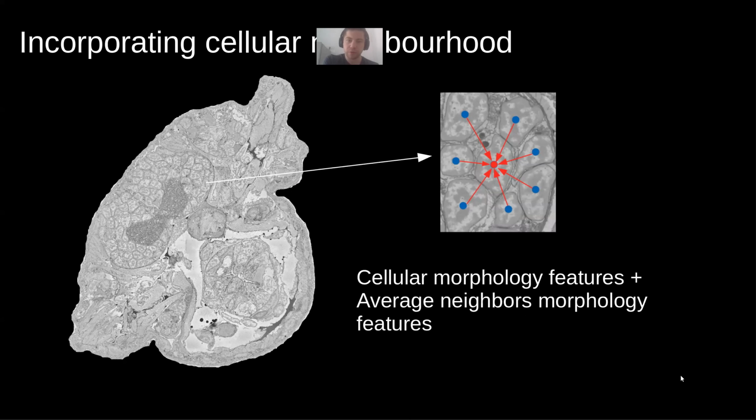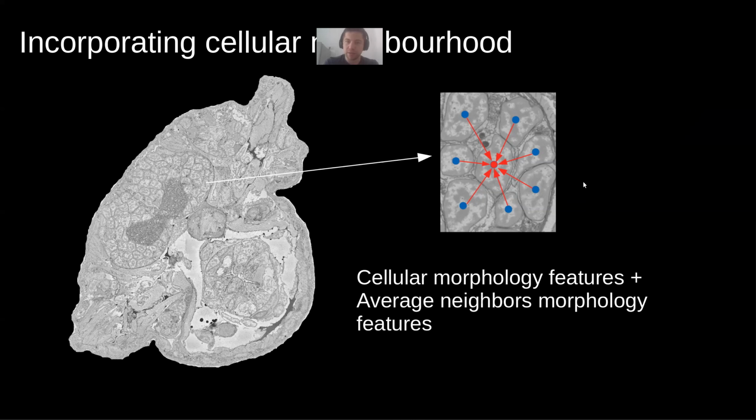Another part of the project was to see if we can incorporate cellular neighborhood information into the features. We had different approaches to do this, but I think the one that is a nice combination of simplicity and, let's say, good properties was an averaging approach.